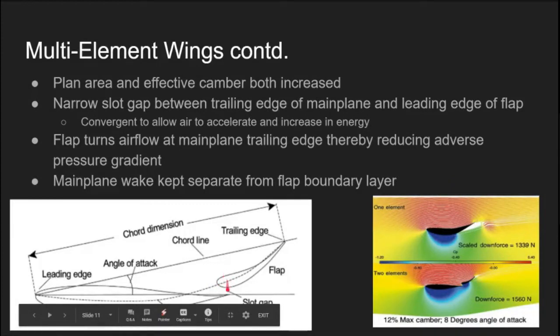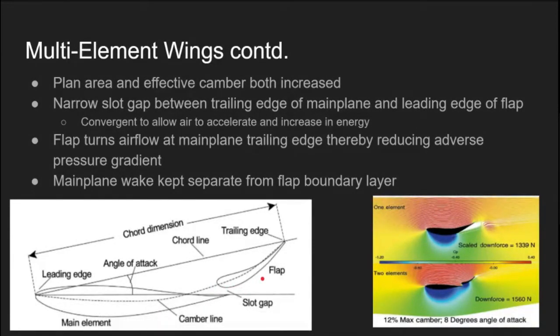And this is important because what it effectively does is that it creates this little converging gap, sort of like a Venturi tube, right? And what it allows the air to do is that the air that's leaving the upper surface of the main plane gets accelerated because of this converging gap, and it basically re-energizes the air as it flows under the lower side of the flap element.